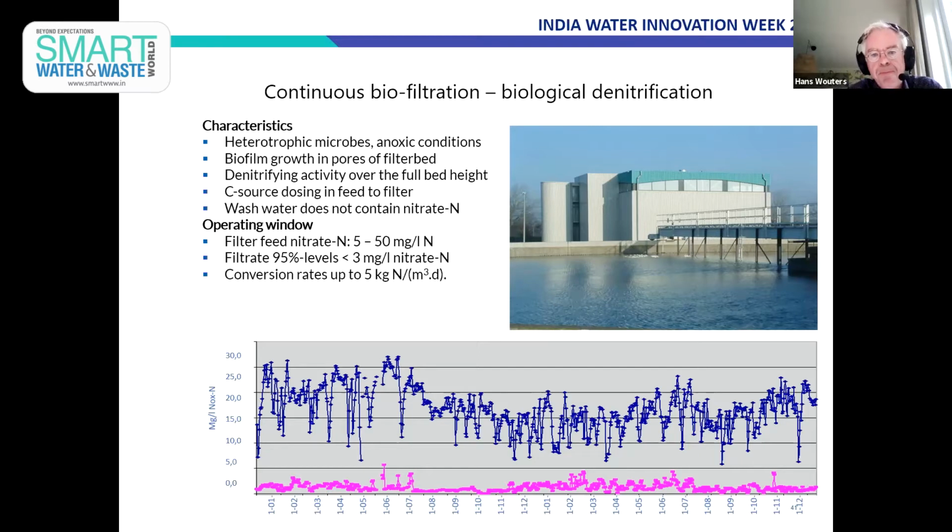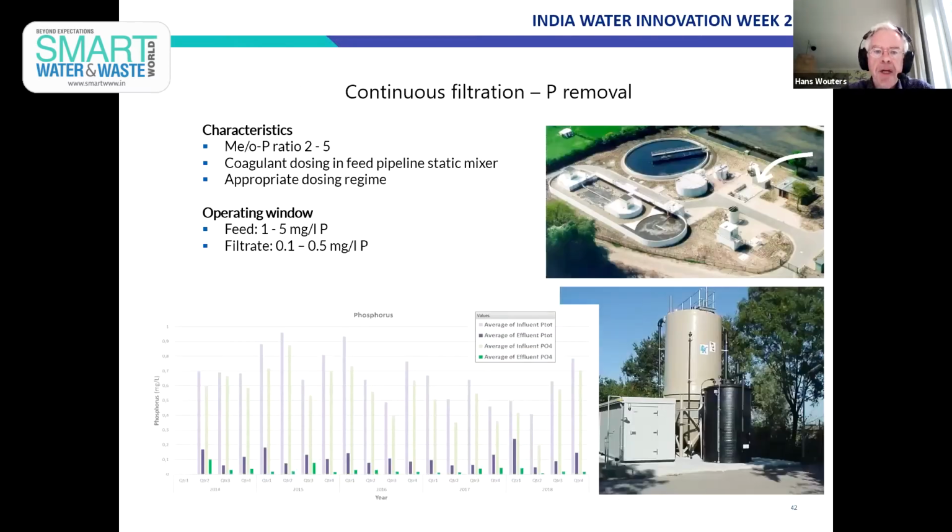Next sheet, please. Another application is related to phosphorus removal. Phosphorus removal is a process which is not biological, but a physical chemical process. In this case, the continuous sand filter is used to remove the phosphorus components, the soluble phosphorus components, by dosing ferric or alum into the feed pipeline to the filter.